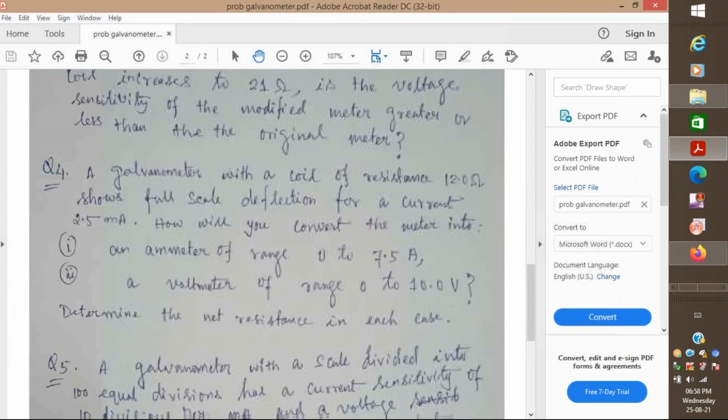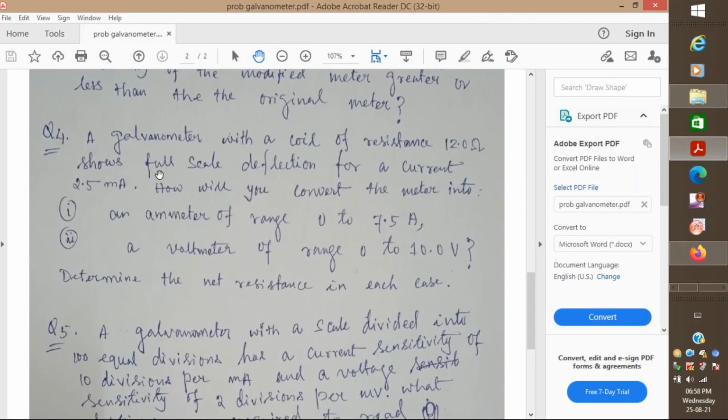So look here, the first one. I think this is from an NCERT textbook or something. This question is about a galvanometer with a coil of resistance, with full scale deflection for a current of 2.5 milliampere.